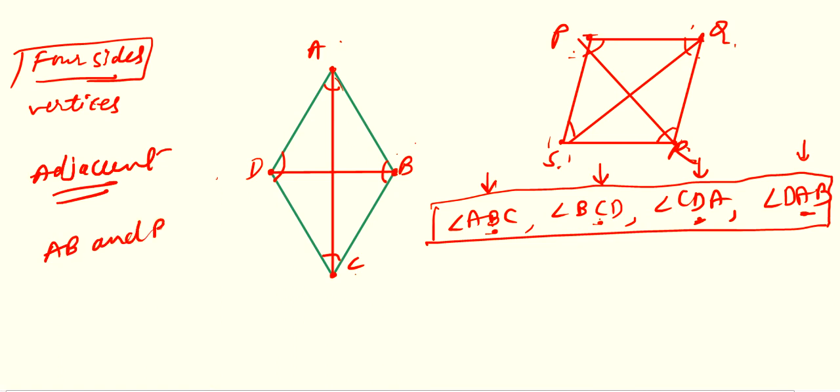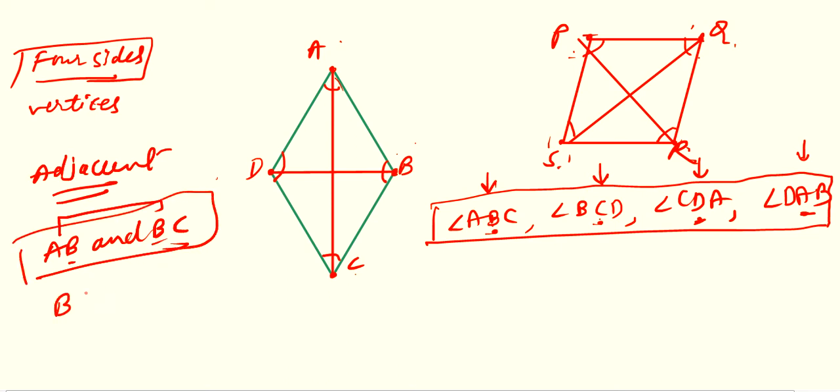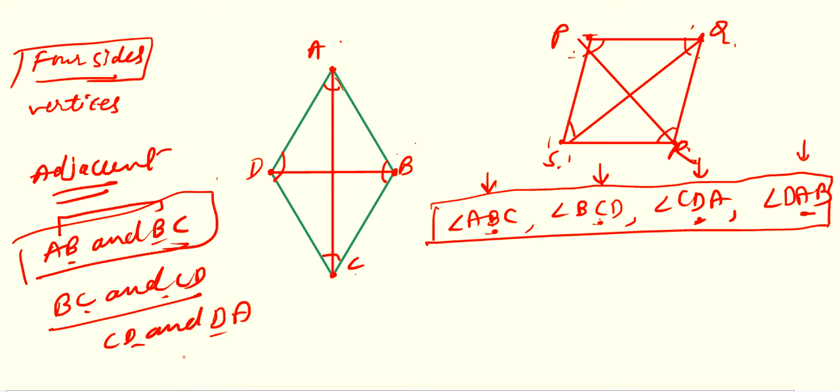As you can see in AB and BC, vertex B is common, so these are adjacent sides. Then BC and CD, in this C is common. Okay, then CD and DA, D is common. Then DA and AB, A is common. So these are adjacent sides.